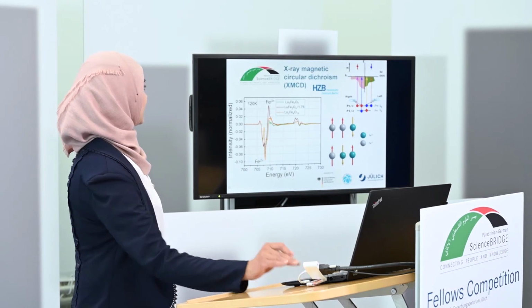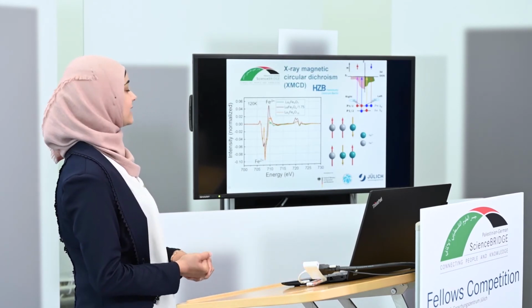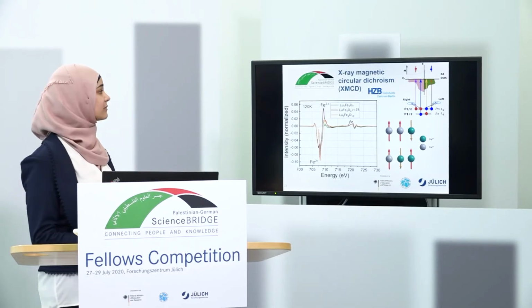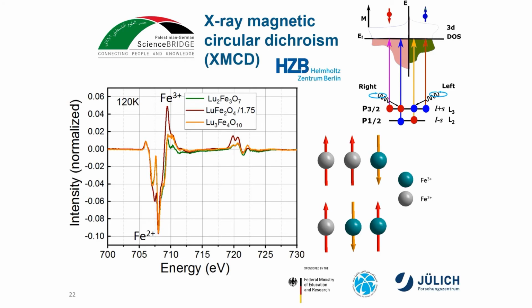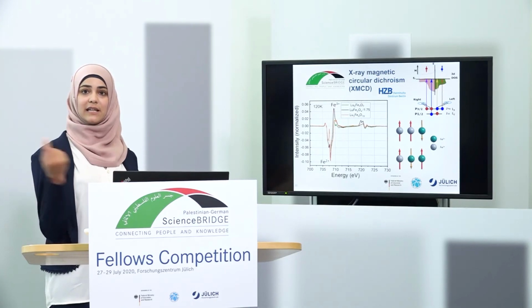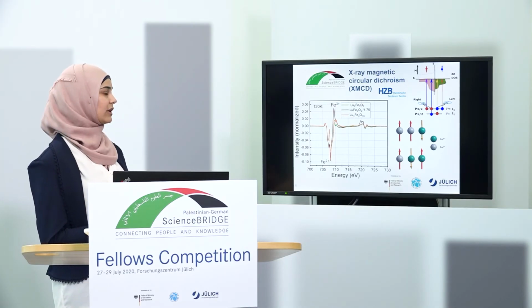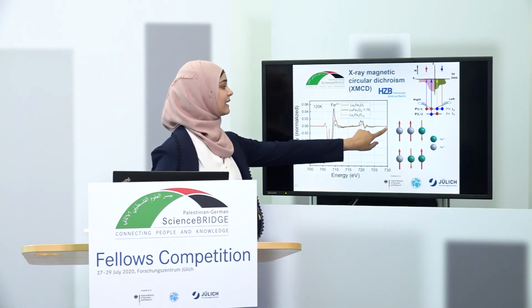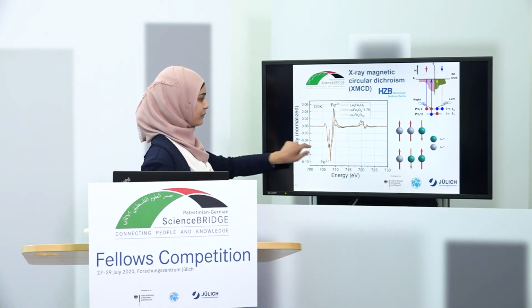The last thing we did is the X-ray magnetic circular dichroism, what we call XMCD. It's just the use of circularly polarized X-rays, left circularly polarized and right circularly polarized, in the application of a magnetic field. Then one can take the difference between these two absorption cases and get the XMCD signal that you see here.